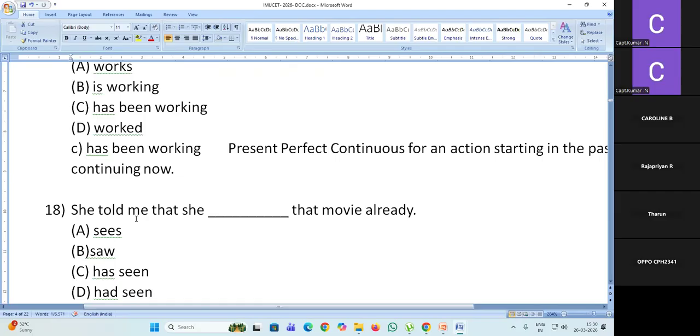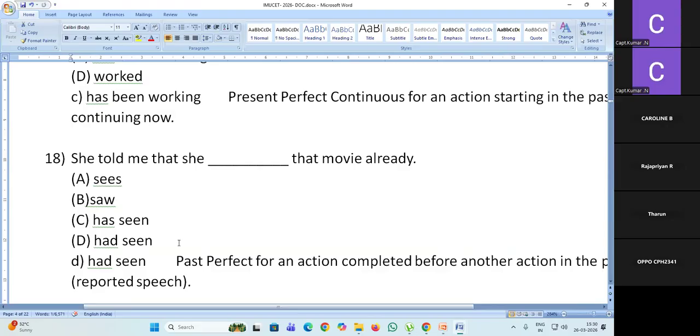Okay, she told me that. So in indirect speech, we have to use past perfect. In direct speech, if the sentence is in simple past, in indirect speech, we have to use past perfect. So we have to use had seen.